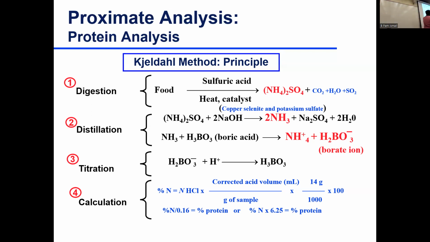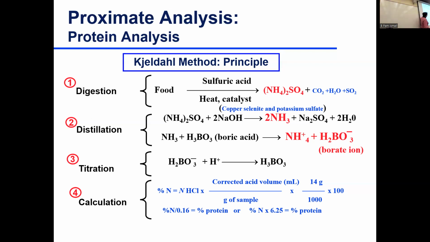This is a very important thing to remember about the catalyst. Of course, a catalyst speeds up the reaction, we all know that, but in this case it also increases the boiling point of H2SO4, so that when you're heating, your H2SO4 does not evaporate too quickly and maintains its reaction with the food to digest. So the catalyst is very important to reduce the time and to increase the boiling point of your H2SO4. So that's the first step.